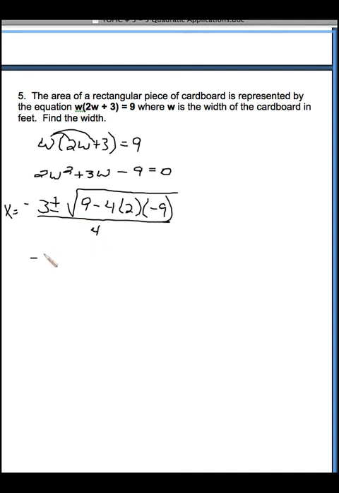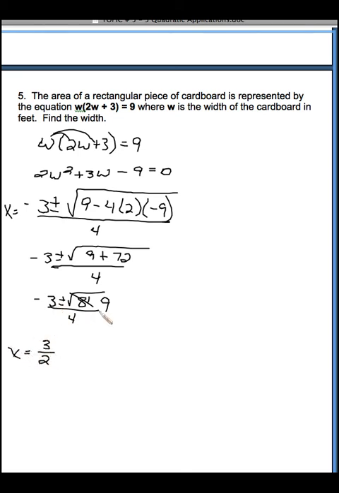So that's negative 3 plus or minus the square root of 9 plus 72 all over 4. Negative 3 plus or minus the square root of 81 over 4, and the square root of 81 is 9. So you end up with 6/4 when you add it, which is 3/2.